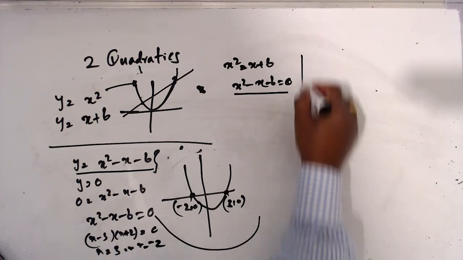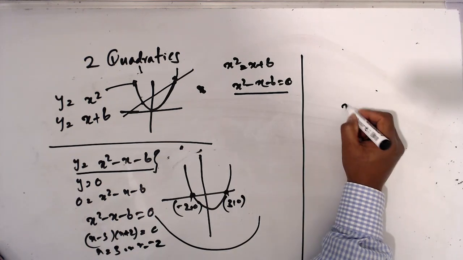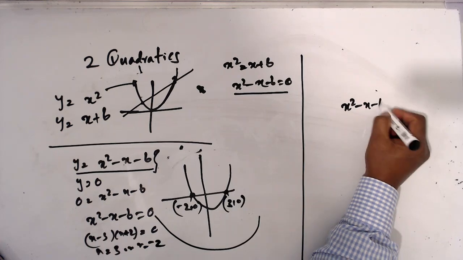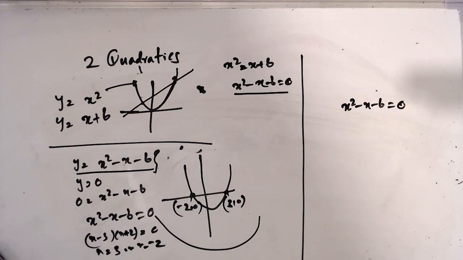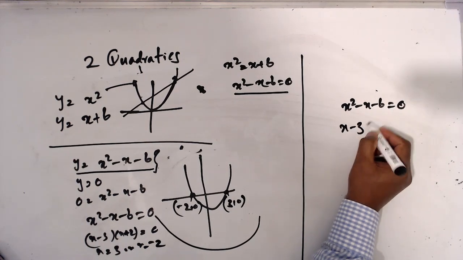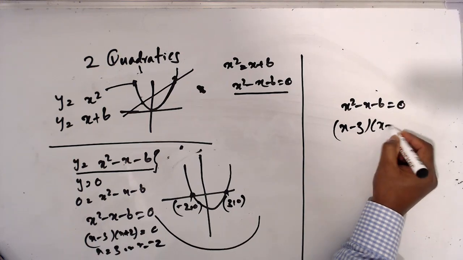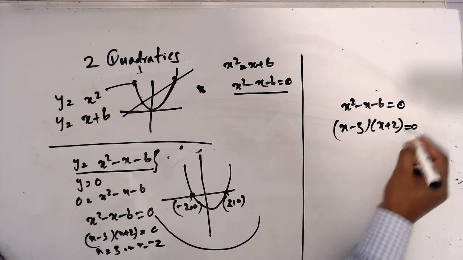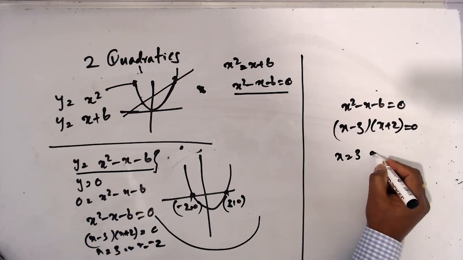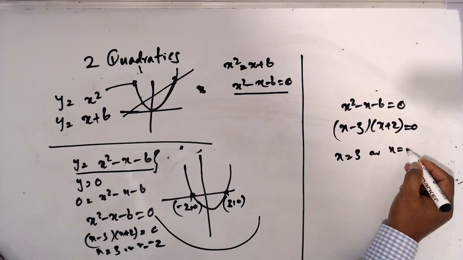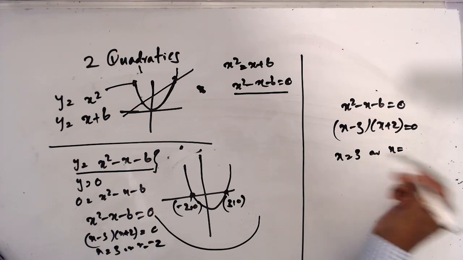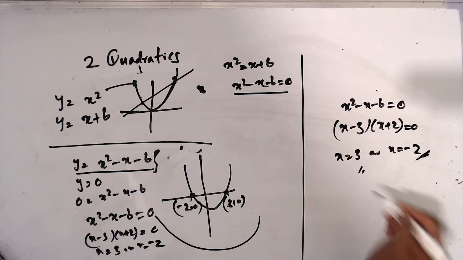Now my question is, if I ask you to solve x square minus x minus 6 equals 0, then you will solve this nicely, x equals 3 or x equals minus 2.